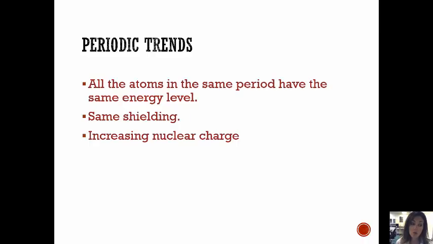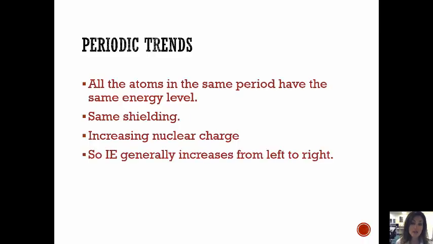Since the nucleus has a stronger pull on electrons with the same amount of shielding, the ionization energy generally increases as you go across from the left side of the periodic table. As the number of protons increases, the nuclear pull is stronger. So that means ionization energy is going to go up. It's going to take more energy to remove an electron.